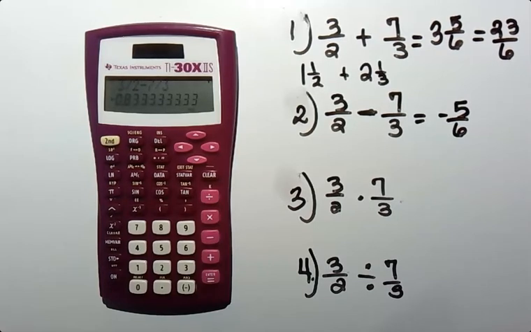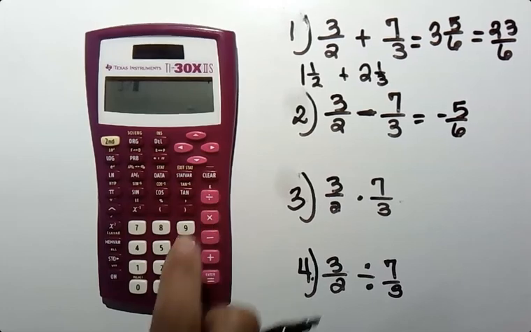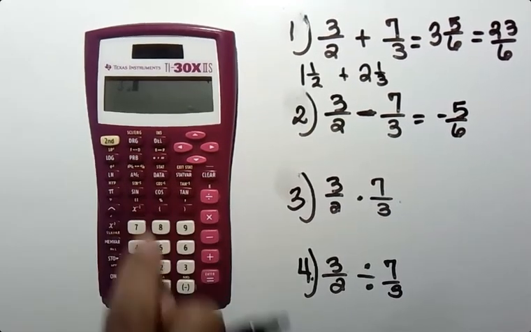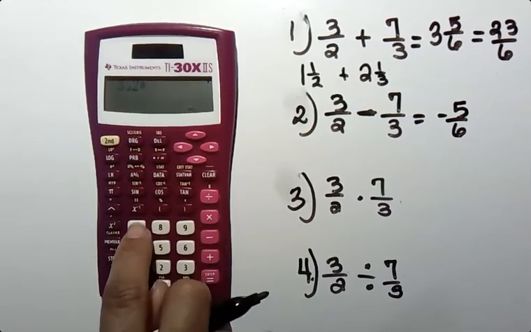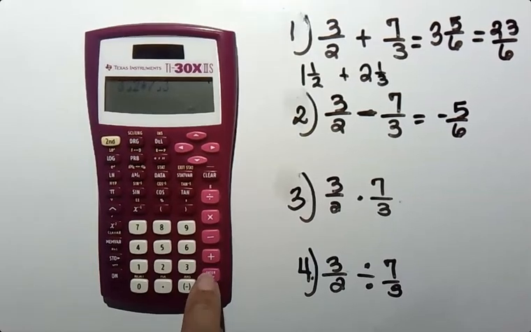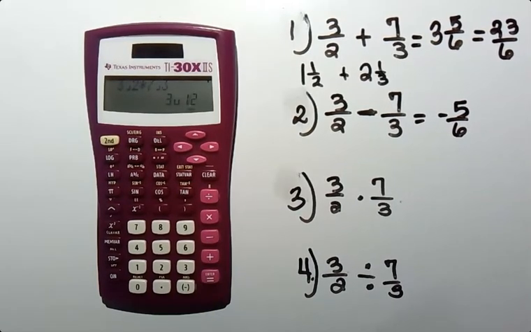Multiplying, same thing. I want to enter it in as a fraction. 3 ABC 2 times 7 ABC 3 enters it in as a fraction. I hit enter. It gives me the mixed number.